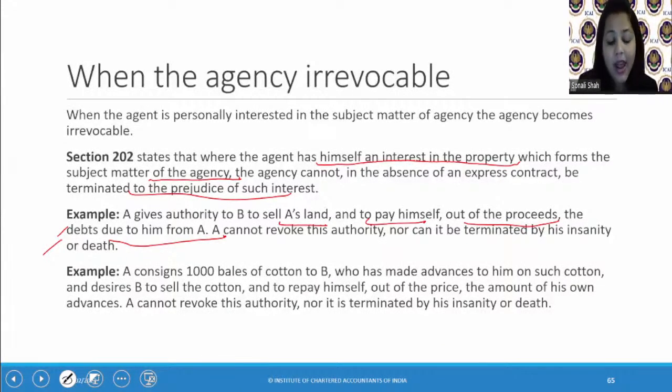So if the contract entered between the parties expressly provides for termination of the agency, it is an exception. Else, where the agent himself has an interest in the property which forms the subject matter of the agency, the agency cannot be terminated to prejudice such interest.